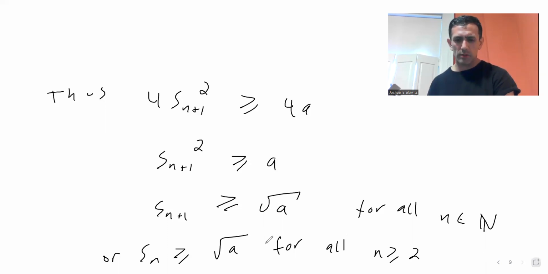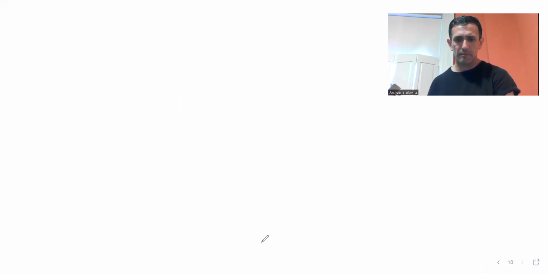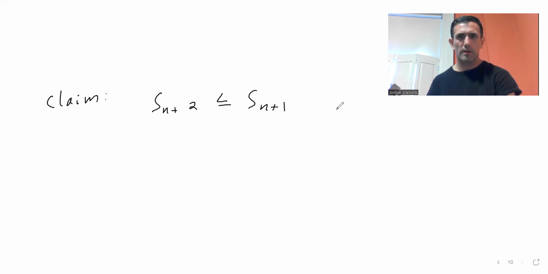All right, so let's put that to good use. I now claim that basically this sequence is decreasing. So Sn plus 2 is less than or equal to Sn plus 1 for all natural numbers n.